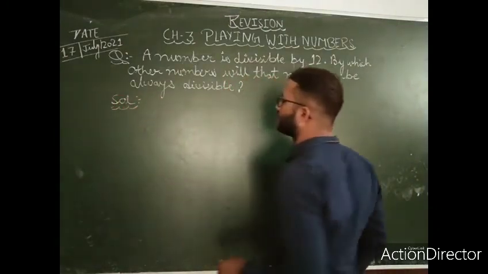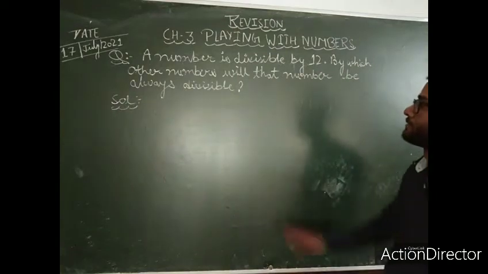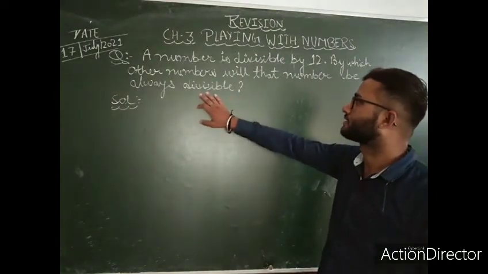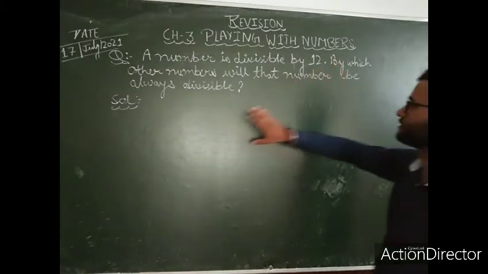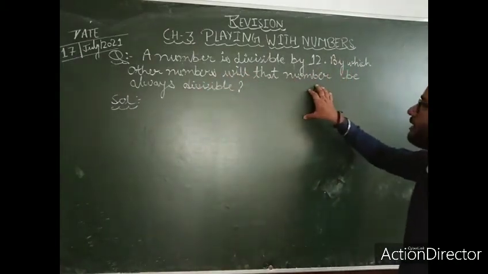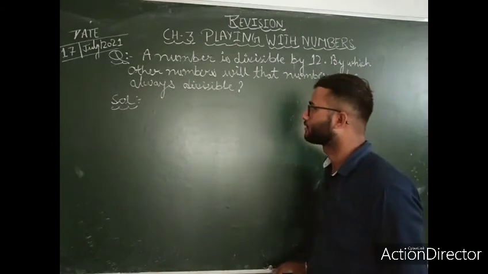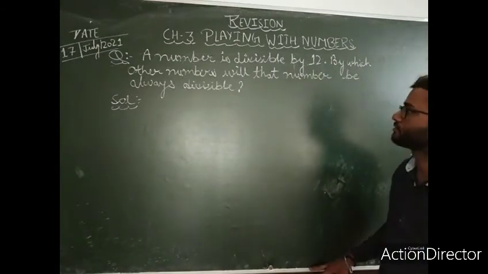Okay, so the next question is related to factors. A number is divisible by 12. By which other numbers will that number be always divisible? Okay, so here we use factors.